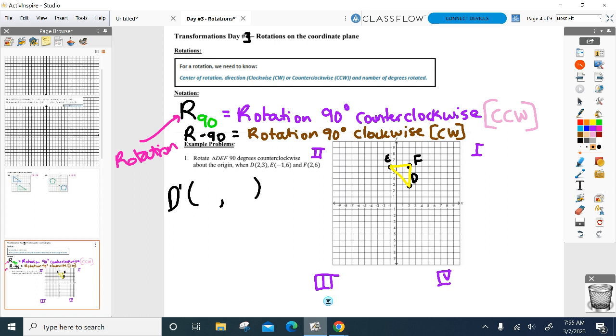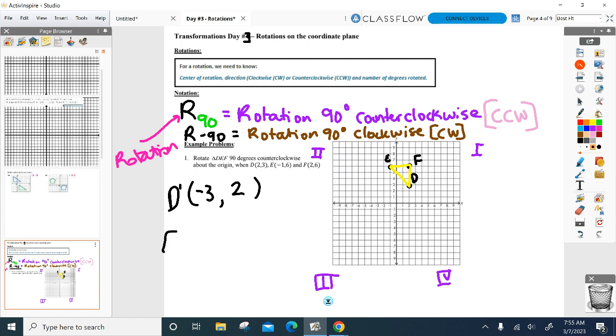Is it -2? -3 and 2. +2. Everyone, can we all agree on that? Your point D now is -3, +2. All right, keep your paper there.